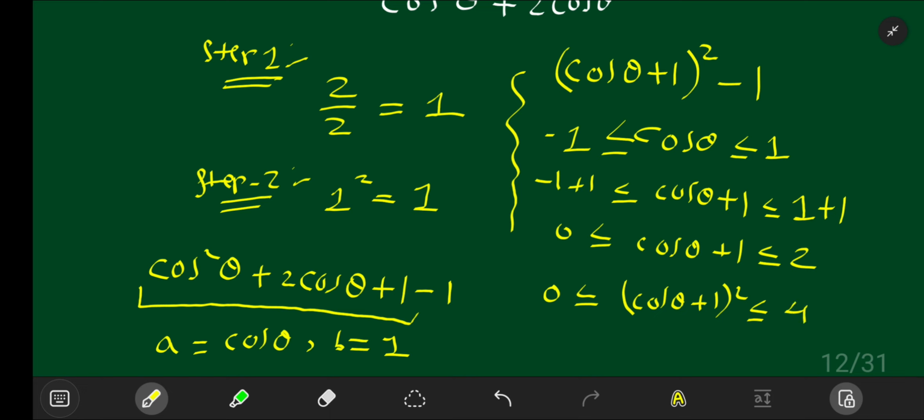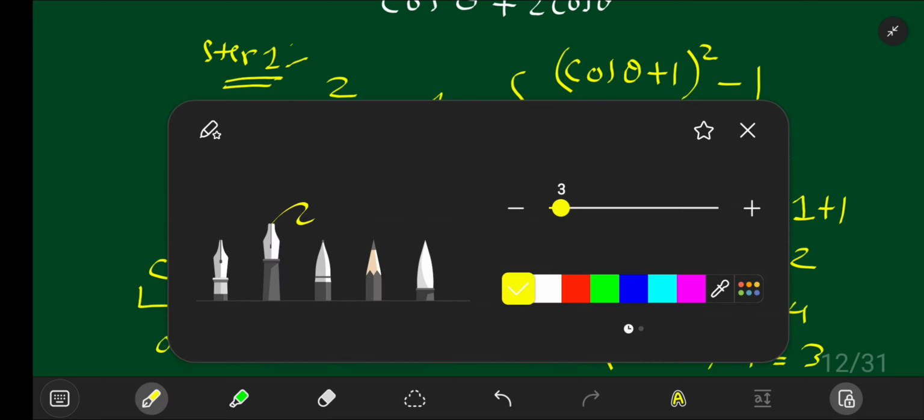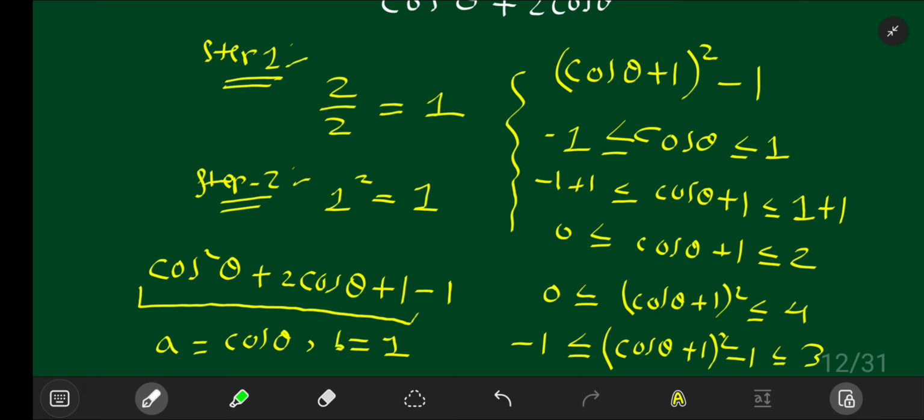Now in the question, minus 1 is there with this bracket, so we have to subtract 1. 0 minus 1 is minus 1 less than or equal to (cos theta + 1) whole square minus 1 less than or equal to 4 minus 1 is 3. So this is the answer for this question.